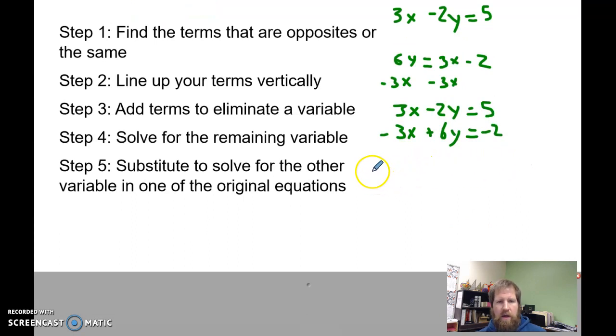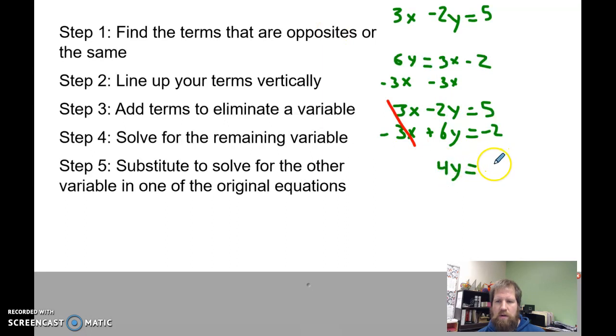And then if our terms are opposite, so I've got 3x and negative 3x, then I'm going to use addition. I'm going to add all my terms together. So 3x minus 3x, that's going to equal 0. That's my term that gets eliminated. That's kind of the whole goal of what I'm doing. Negative 2y plus 6y is going to be 4y.